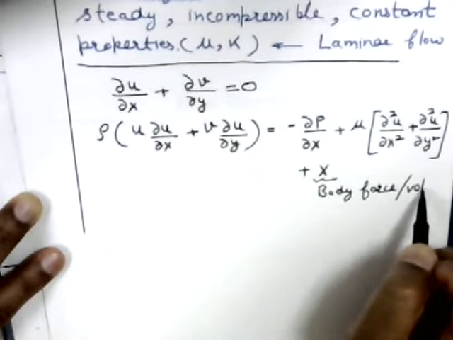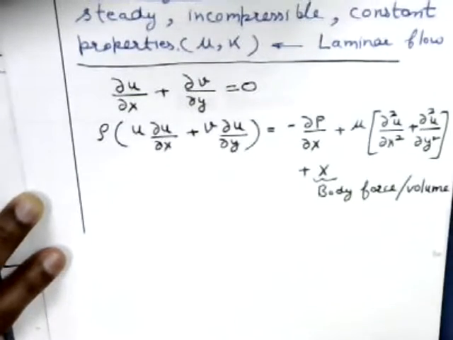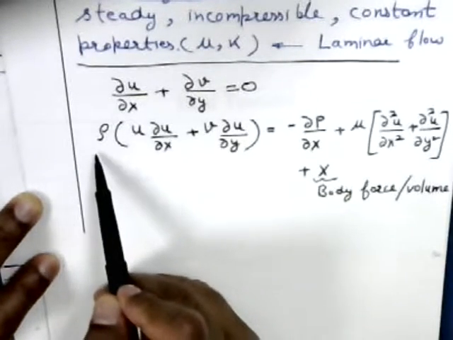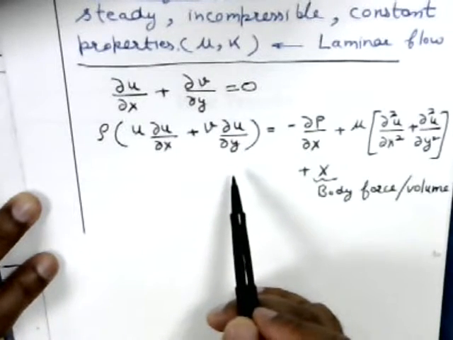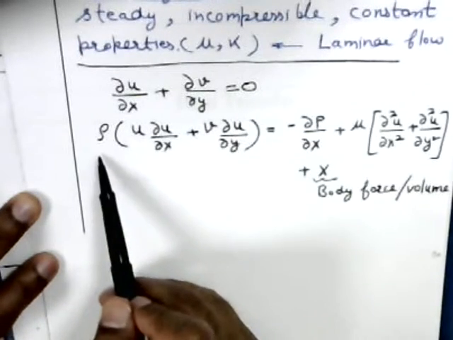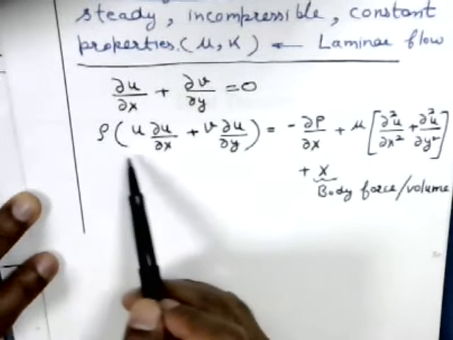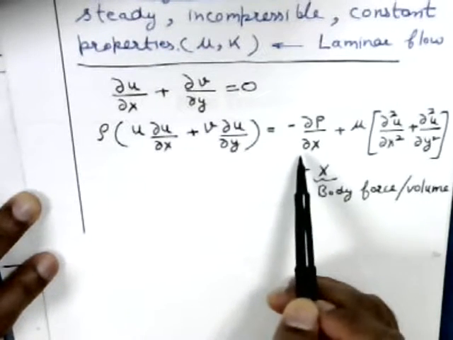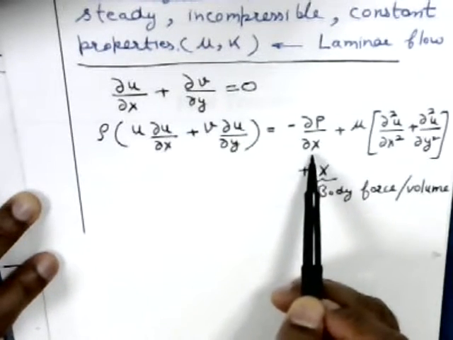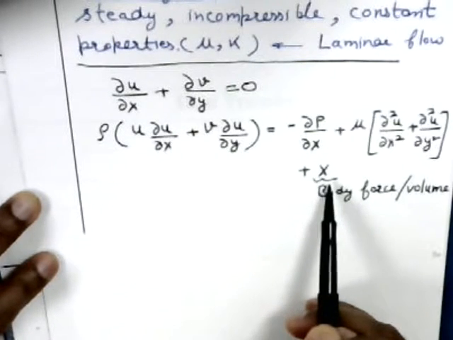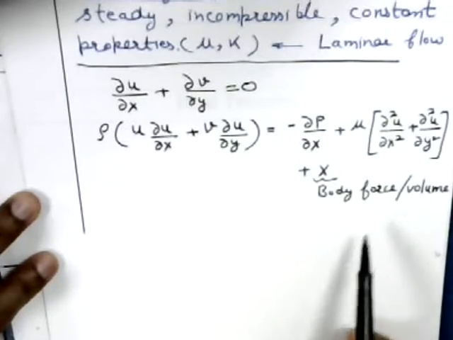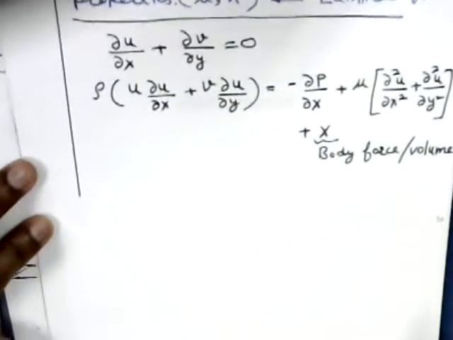So this is the inertia term, ma. F equals ma, that is the Navier-Stokes equation. So this term is ma per unit volume. This term is because of pressure force, this is because of viscous force, and this is because of body force like gravity per unit volume. So that is the x direction.